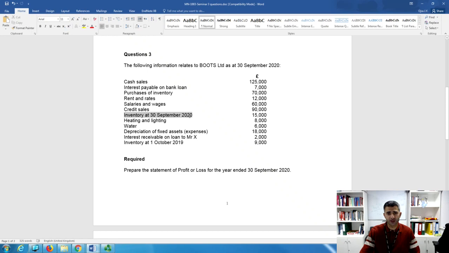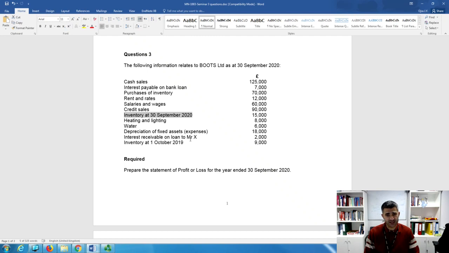Inventory at 30th of September 2020 is in the cost of sales, in the formula you need to use to calculate cost of sales. This is the closing inventory, 30th of September 2020. We have also heating and lighting. Again, that's a type of expense. Same with water, it's a type of expense.